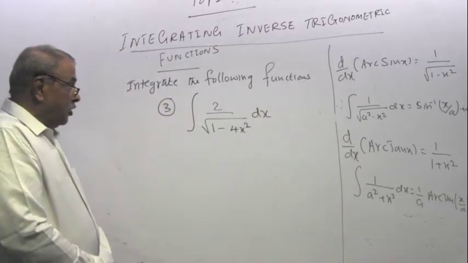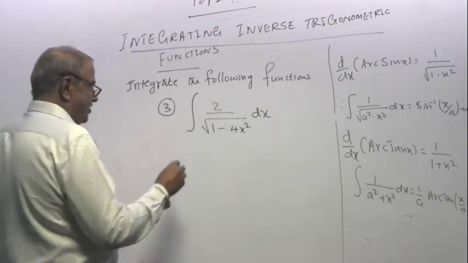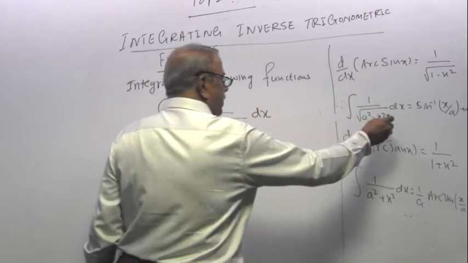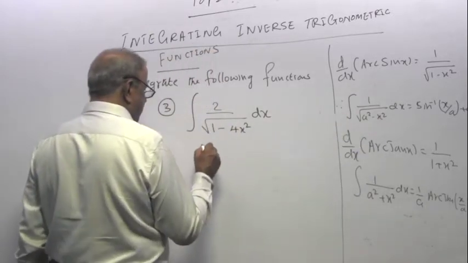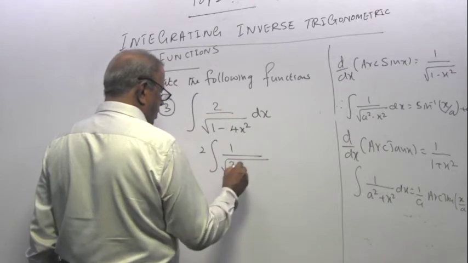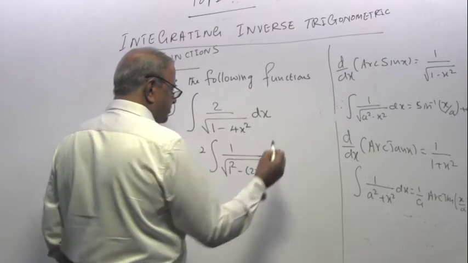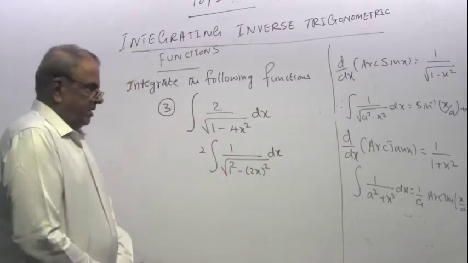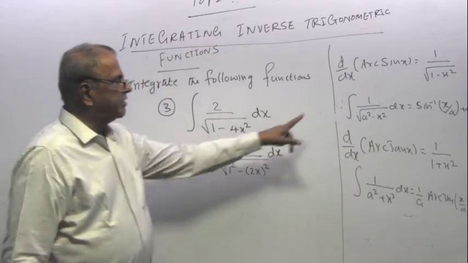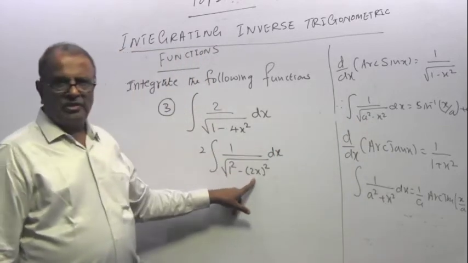You can't use numerator exact derivative of the denominator because there's a root. So this resembles a squared minus x squared. So it's 2 integral 1 over square root 1 squared minus 2x the whole squared dx. Perfect. When this resembles that, in place of x, I have 2x.